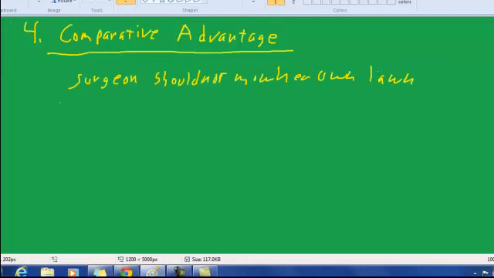Her comparative advantage. Okay, this is one of these things that's obvious, but we apply jargon to it. Her comparative advantage is doing surgery.